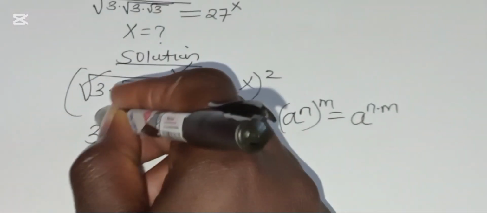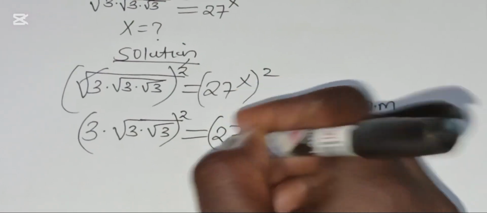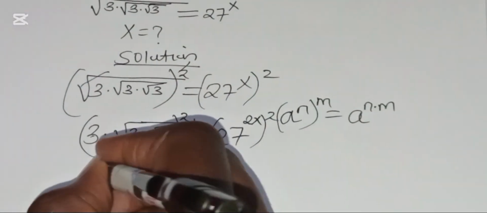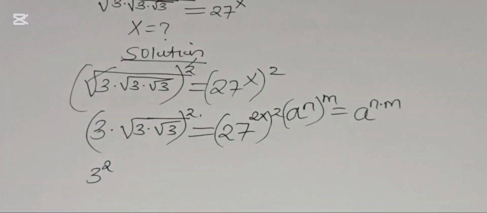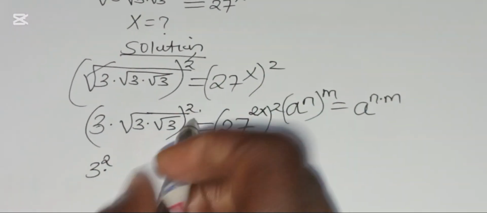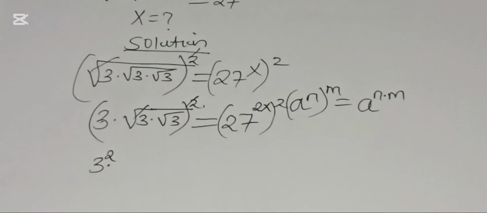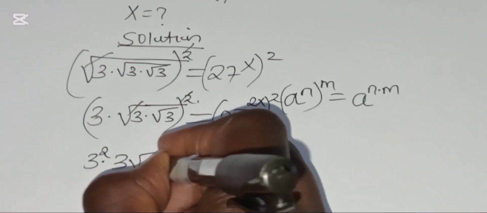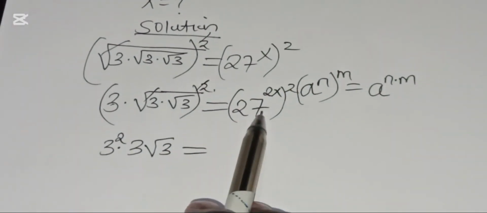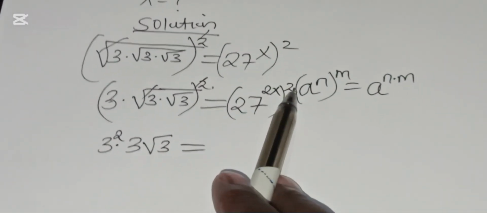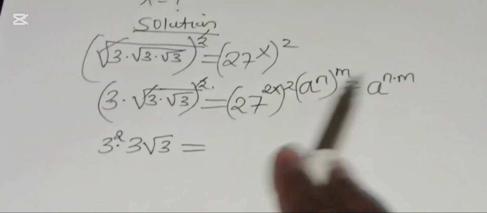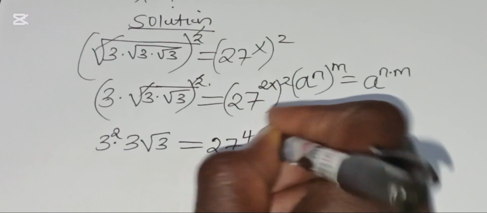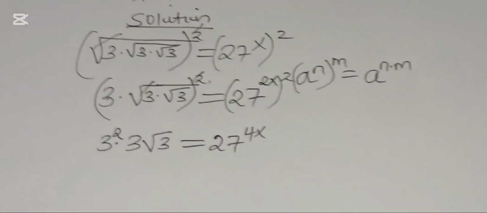We square both sides, so that we're going to have 3 squared, multiplying by, we eliminate the second square root sign, so that we'll have multiplying by 3, then square root of 3, equal to 27 raised to power 2x times 2, applying this identity, so that you're going to have 4x, so you'll have 27 raised to power 4x.